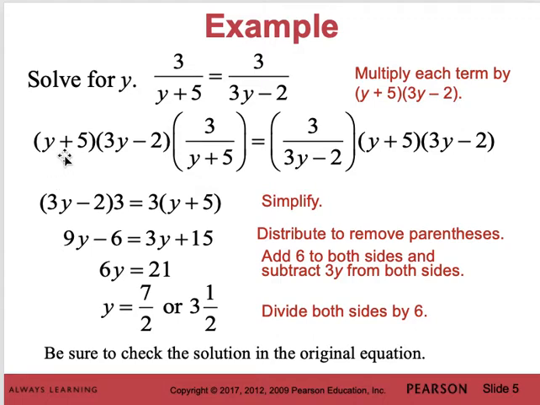If I multiply over here, I can cancel out the y plus 5, and I'm left with 3y minus 2 times 3. Over here, I can cancel out the 3y minus 2, and I can multiply by 3y plus 15.